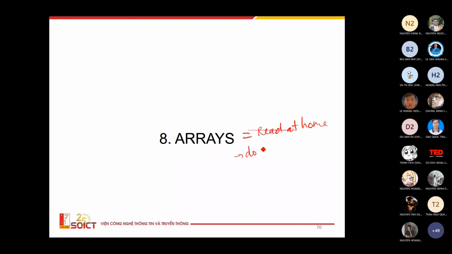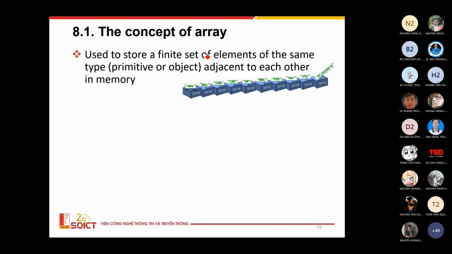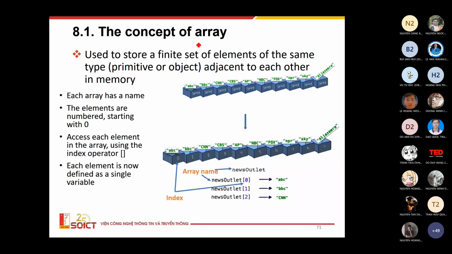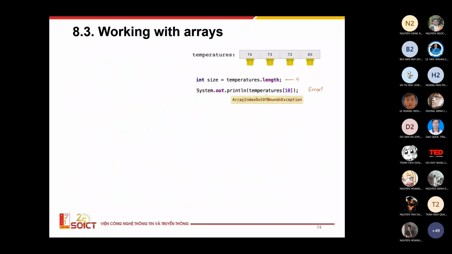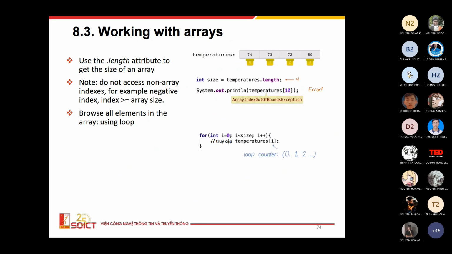And then you can do the homework of the second chapter. And next week, I will review the array with you, and I will correct the homework. I think the array is everything I wrote down in the slide, so it's easy for you to read it by yourself.